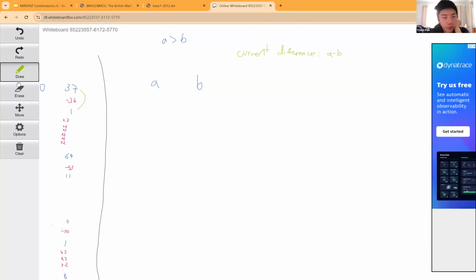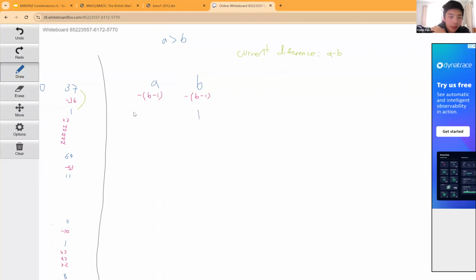Okay, let's apply a move from our algorithm. Like I said, our first step that we chose was subtracting a number such that the smaller one becomes 1. In this case, that number is B minus 1, because B minus 1 will make the smaller number go to 1.